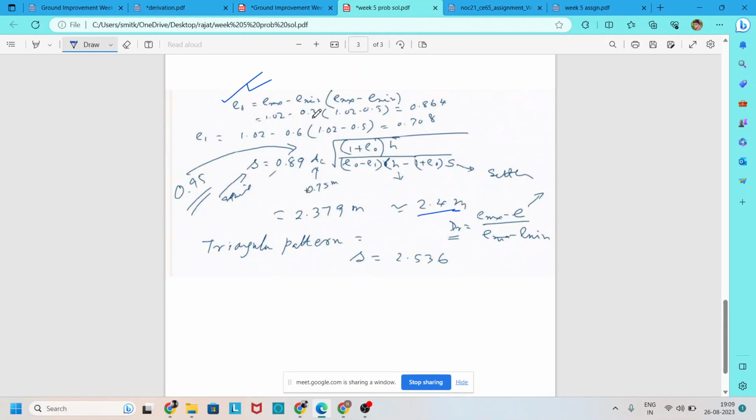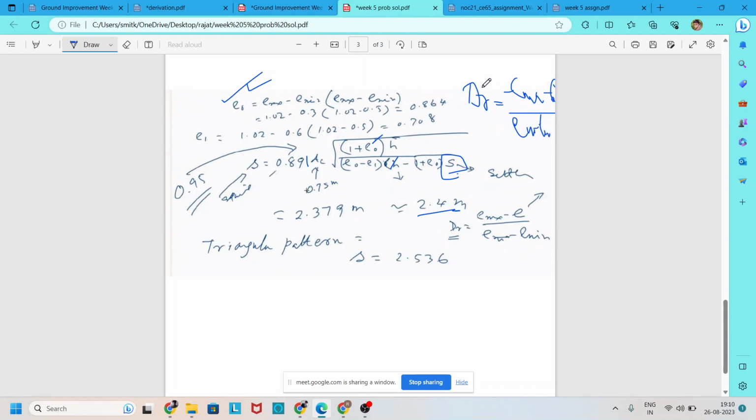You see that E naught is given, H is given, capital S is settlement, small s is spacing, and DC is given as 0.75 meter, and we have to find out only E1 based on our relative density formula, that is Dr is equal to E max minus E naught divided by E max minus E minimum.